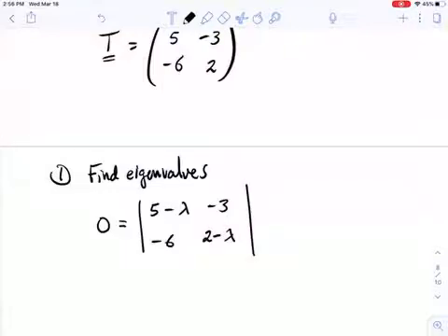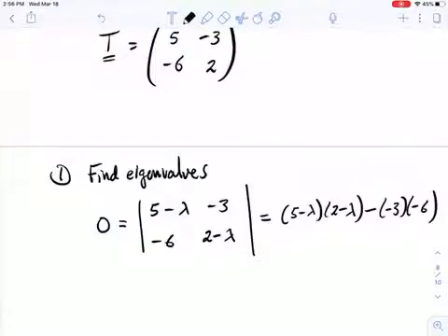So this was T minus lambda times the identity, has no inverse, and so it's singular, which means its determinant is equal to 0. Okay, so determinant of a 2x2 matrix is easy enough. 5 minus lambda times 2 minus lambda minus 3 minus 6.